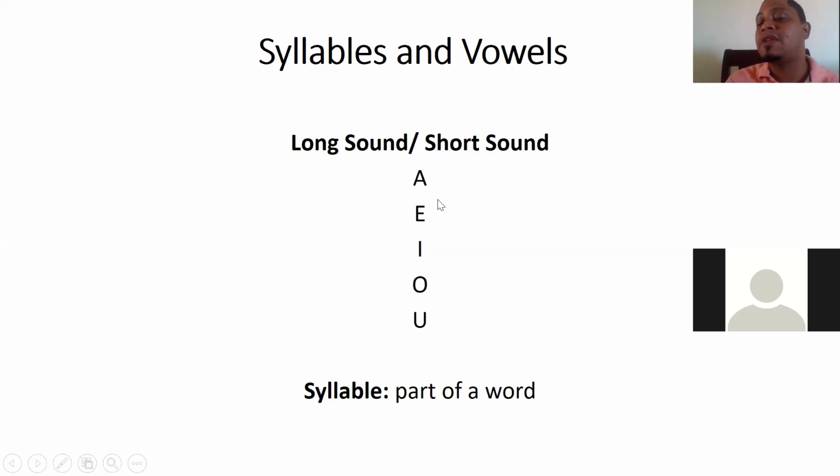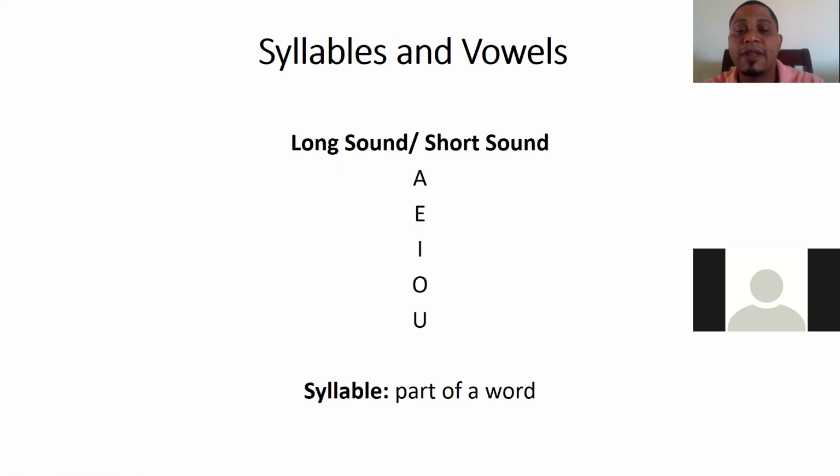Now, there is something that you need to know. The vowels in English, they have two sounds. Make sure you take notes. The vowels have two sounds. There is a long sound, as you can see here, a long sound, and also a short sound, okay? You guys know the long sound already because when you learned English, you learned the name of the letter.